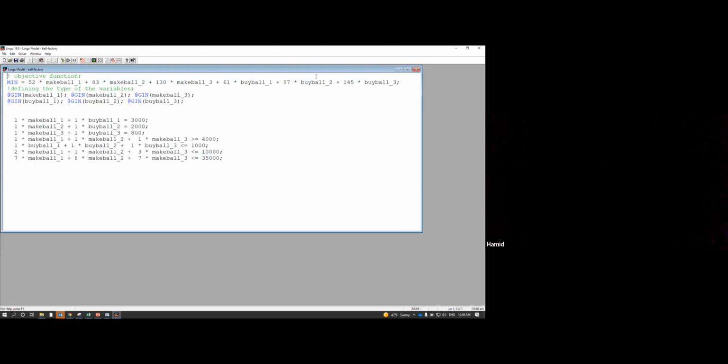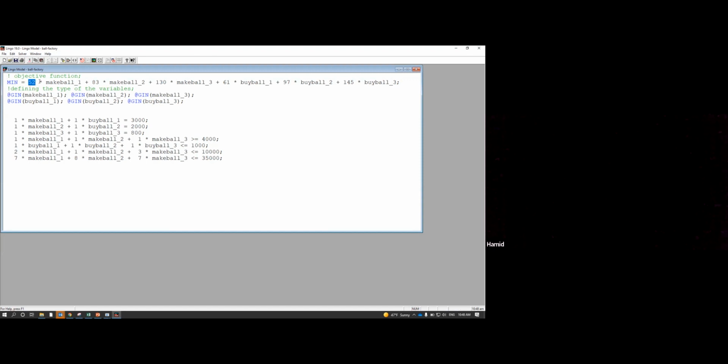So here, instead of M1, B1, I have make ball 1, make ball 2, make ball 3, buy ball 1, buy ball 2, and buy ball 3. So 6 different decision variables of either making or buying balls. For each decision that you make, you have different costs.